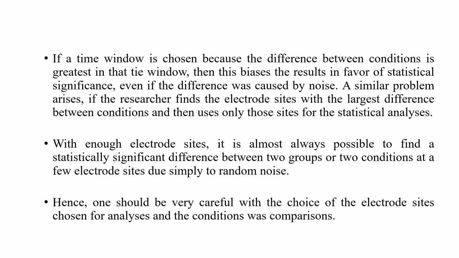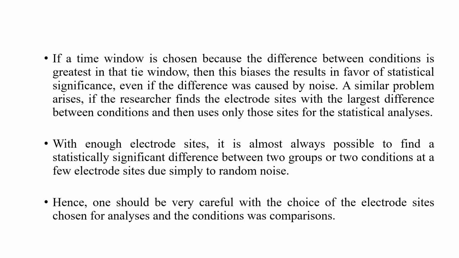So, unless your analysis is theory driven, based on previous research, there are these two different ways, both of which can lead you to making errors. With enough electrode sites, it is almost always possible to find a statistically significant difference between two groups or two conditions at a few electrode sites, simply due to random noise.